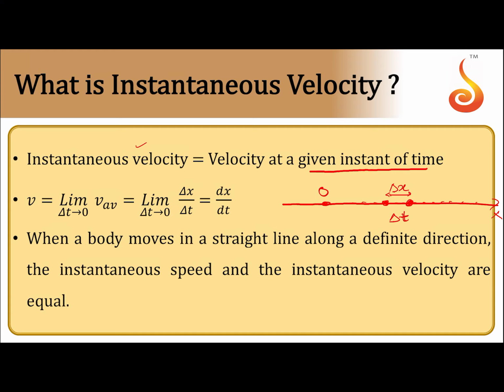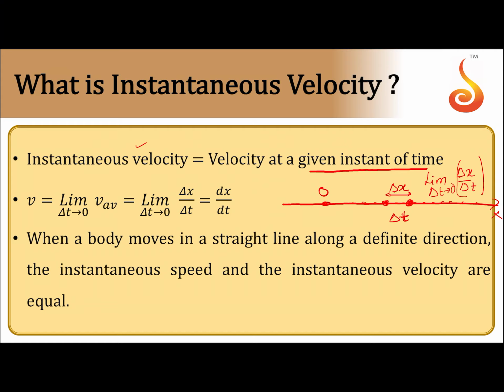So, now you know that the velocity is given by delta x by delta t, but if I want the instantaneous velocity, I will make this delta t very small, which is generally written like this: limit of delta t tending to 0. This is the mathematical language of telling the fact that I have chosen a very small interval of time.